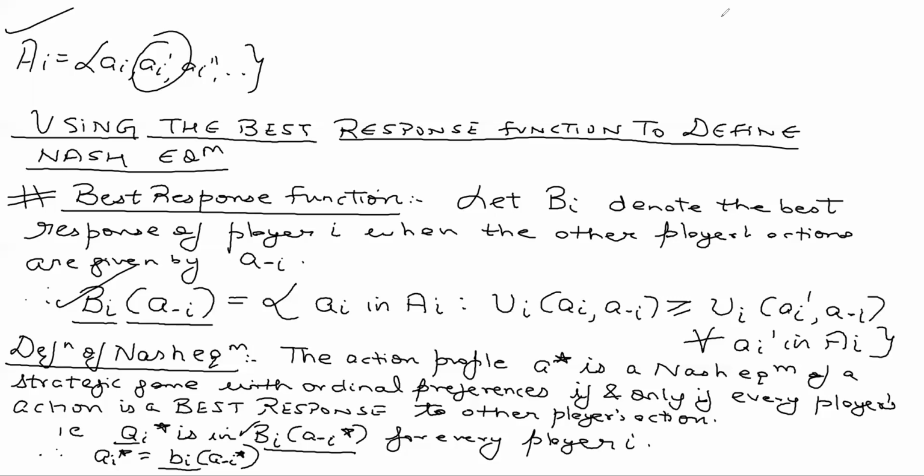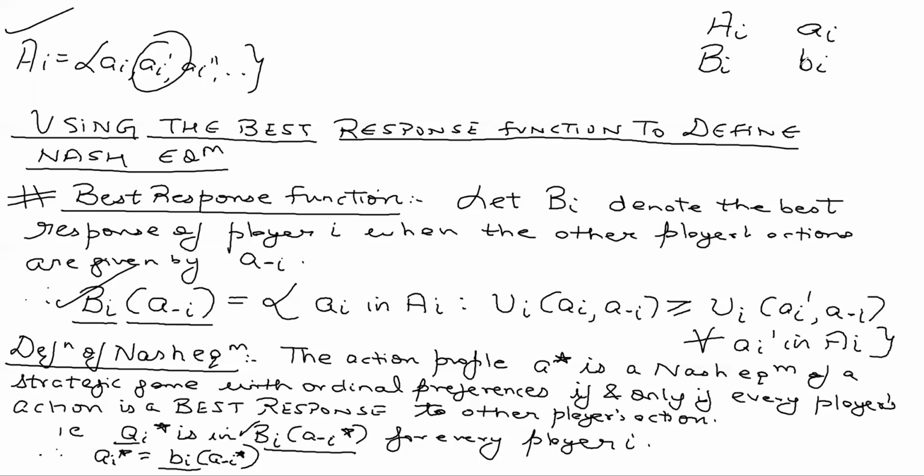On the top, I am writing on the right hand side: capital A_i, small a_i, capital B_i, small b_i. Capital A_i is the set of all possible actions of player i. Small a_i is an element of capital A_i.